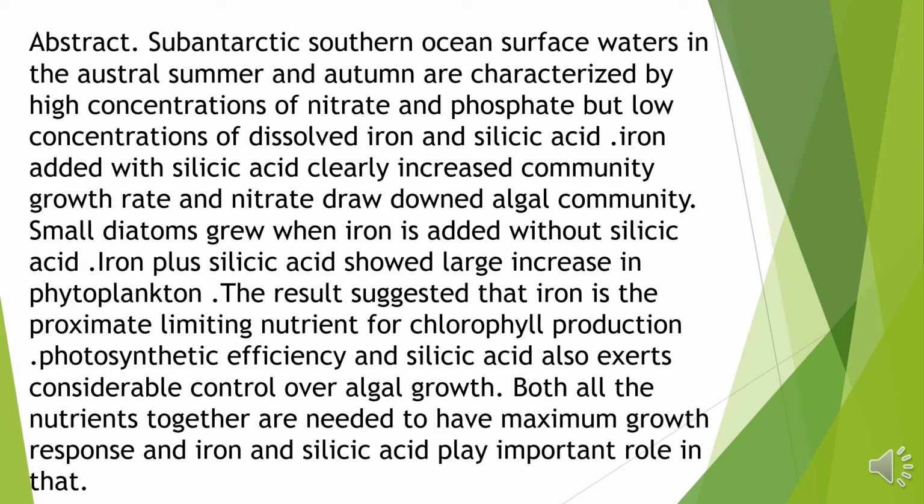Small diatoms grew when iron was added without silicic acid. Iron plus silicic acid showed a large increase in phytoplankton. The results suggested that iron is the proximate limiting nutrient for chlorophyll production and photosynthetic efficiency, and silicic acid also exerts considerable control over algal growth. All the nutrients together are needed for maximum growth response, and iron and silicic acid play an important role in that.